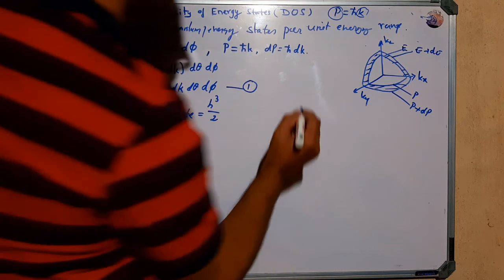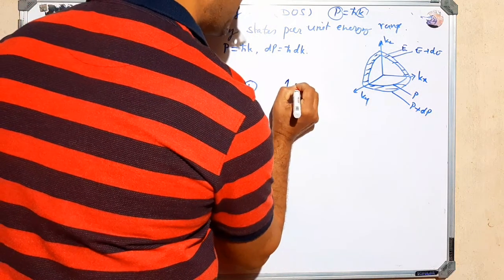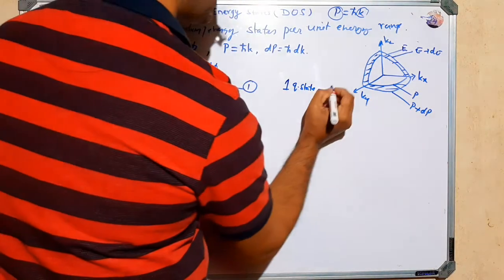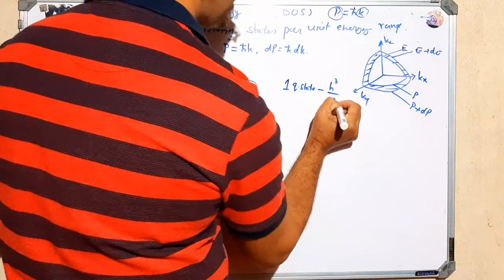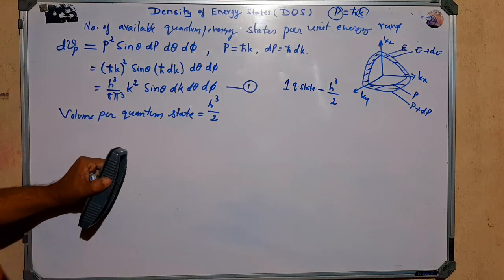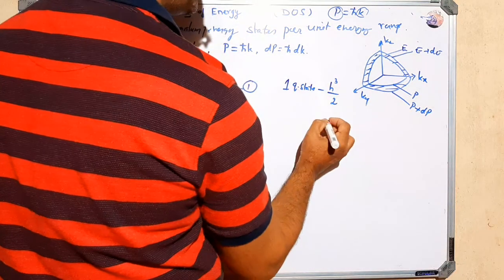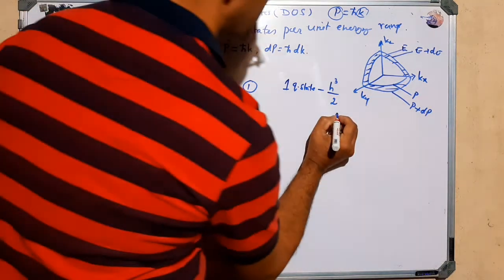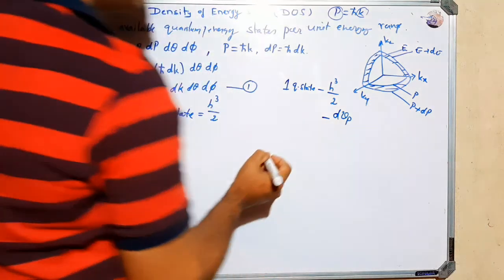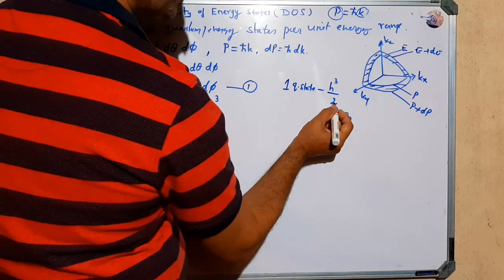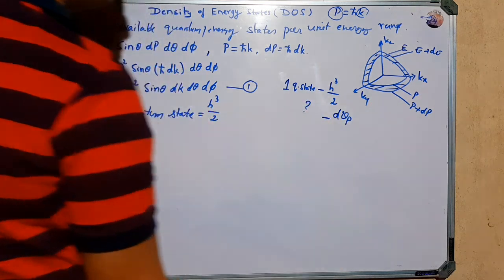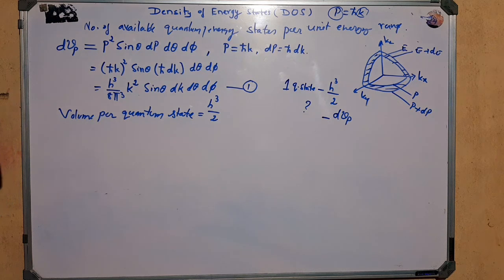So remember, one quantum state requires h cube divided by 2 amount of volume. But in our case, the volume is dVp. If h cube by 2 corresponds to one quantum state, then dVp corresponds to how many quantum states?